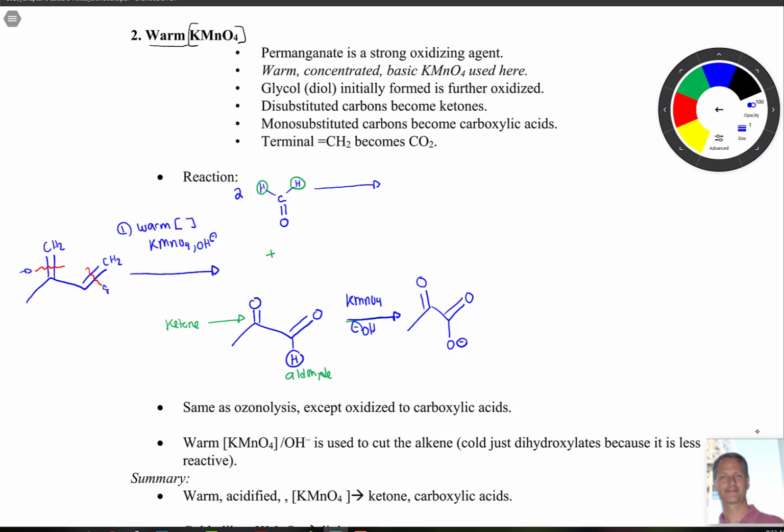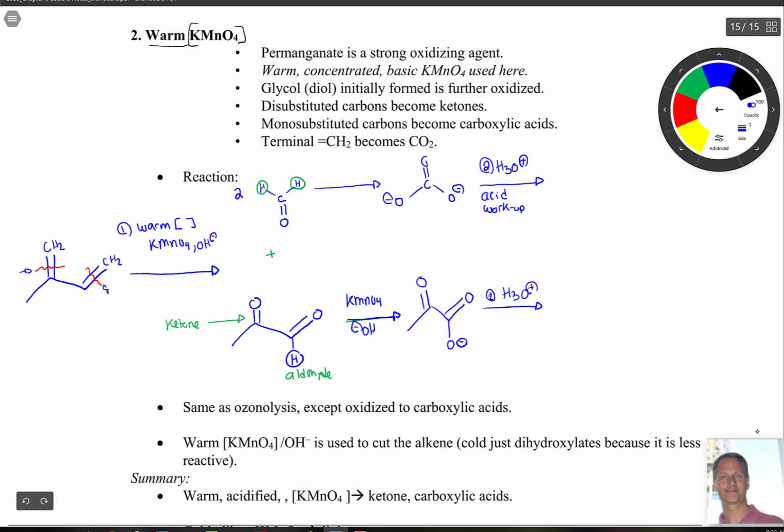So it's going to form O- carbon, O- here. And then the second step, so this is step 2, is adding H3O+. We call this an acid workup. So add H3O+ there. That's just going to protonate the end of the molecule, so we'll get our OH group back.